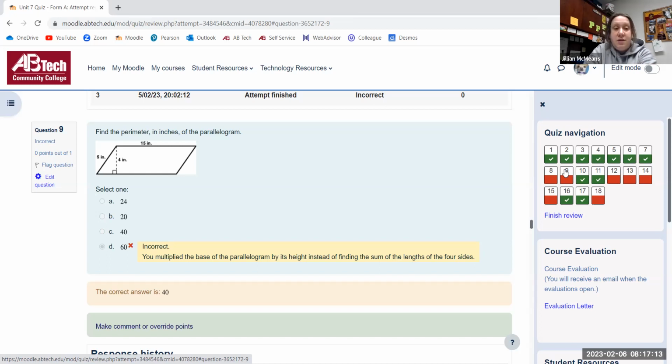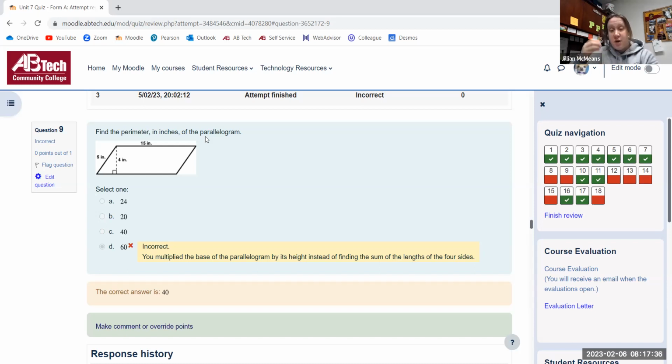So you have this top side of the parallelogram is 15 inches. That means the bottom side, the base of this parallelogram, would have to also be 15 inches. And then this left-hand side of the parallelogram is 5 inches. That means the right-hand side would also have to be 5 inches. So what you do to find the perimeter is you just add the distance all the way around it.